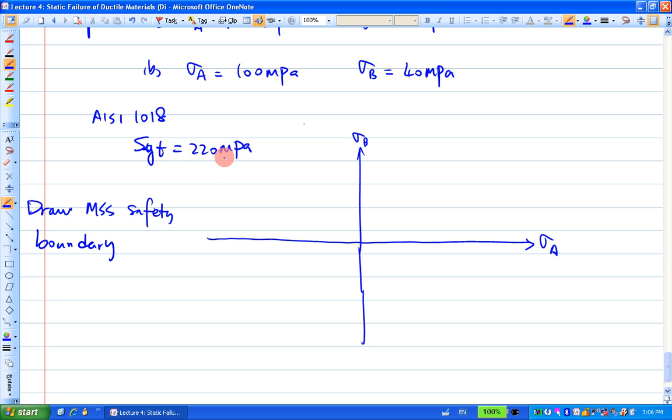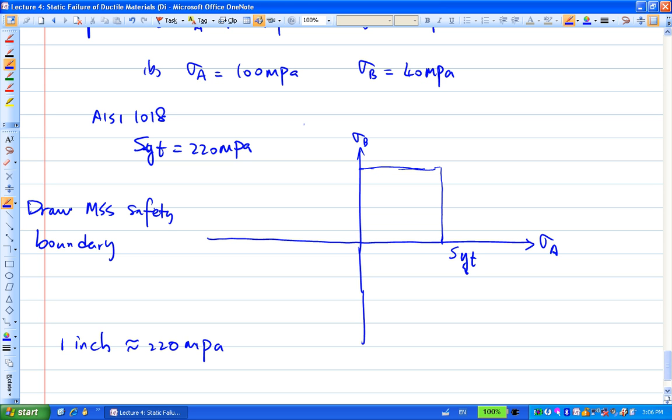You have the freedom here. Say you have the ruler. We let 1 inch on the ruler be approximately that 220 megapascal. So you draw the 1 inch over here. Remember that the MSS theory is a hexagon. You draw the hexagon, and the special value of the hexagon here is SYT.